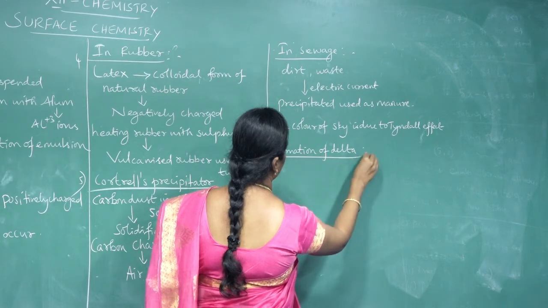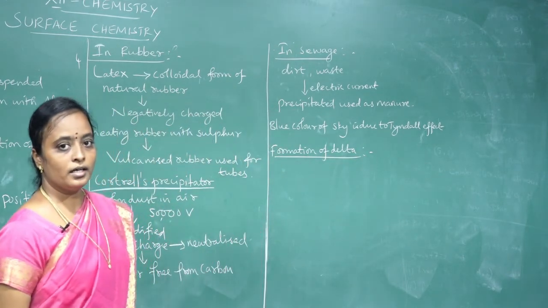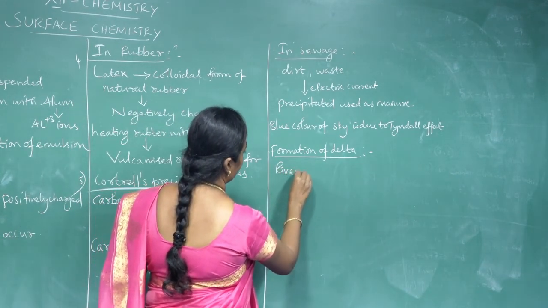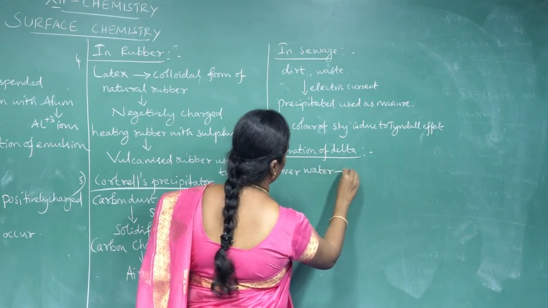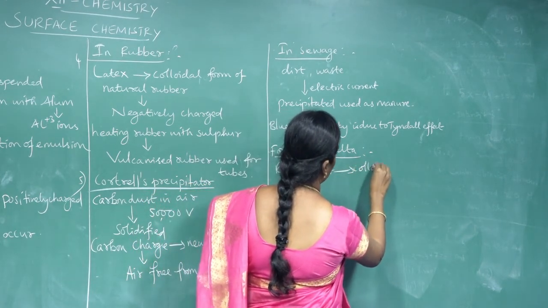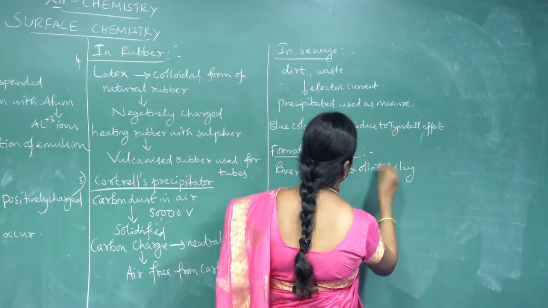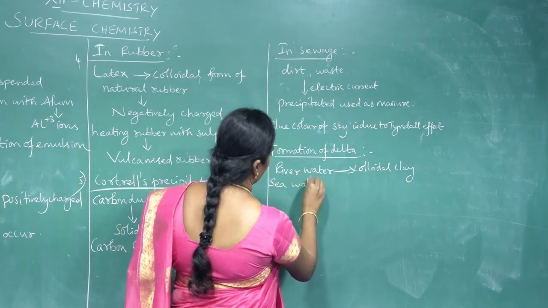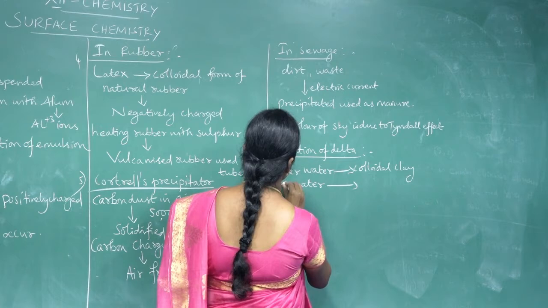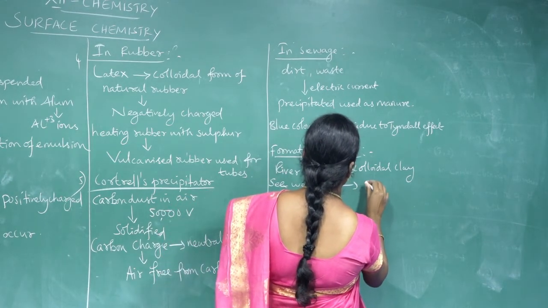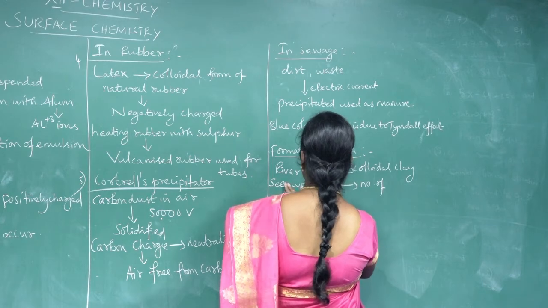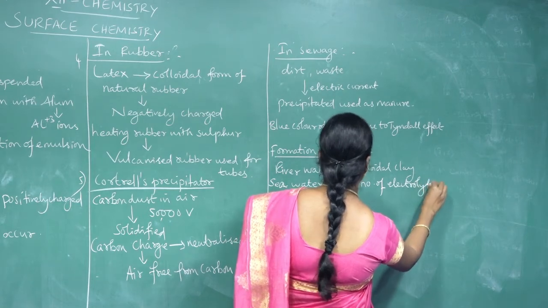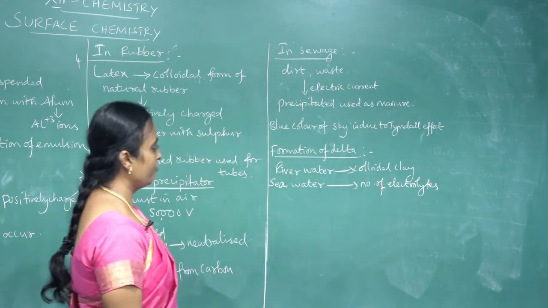Formation of a delta. Whenever you take river water and sea water: river water consists of a colloidal form of clay. Sea water contains a number of electrolytes.